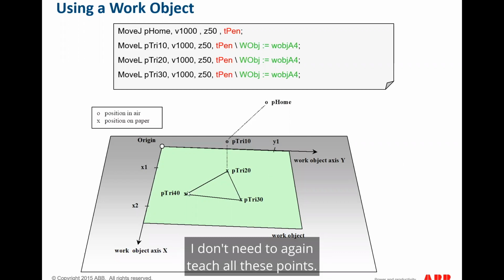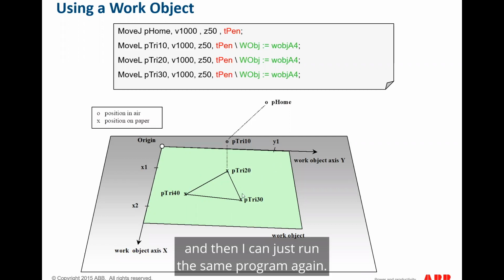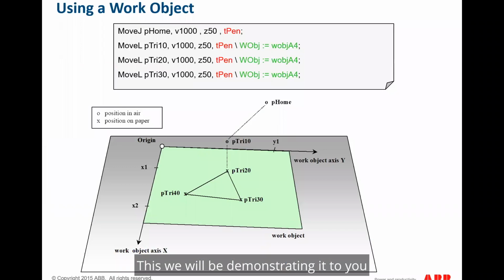I don't need to again teach all these points. Instead, I can just redefine my work object system using the new x axis and the y axis for the new location. And then I can just run the same program again. This we will be demonstrating it to you when we are doing it in the lab.